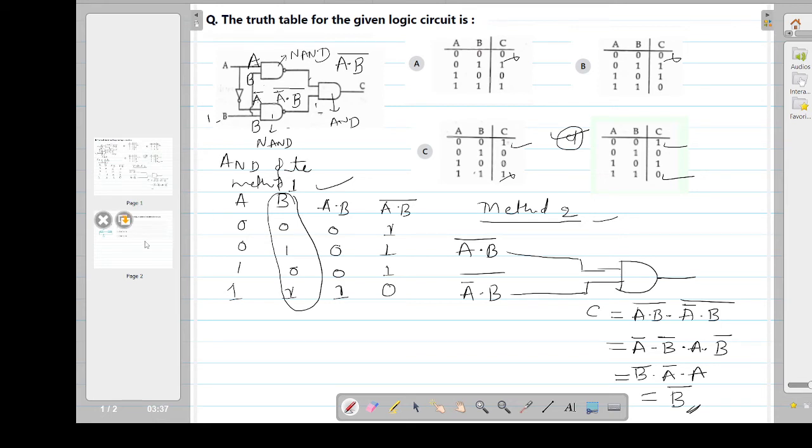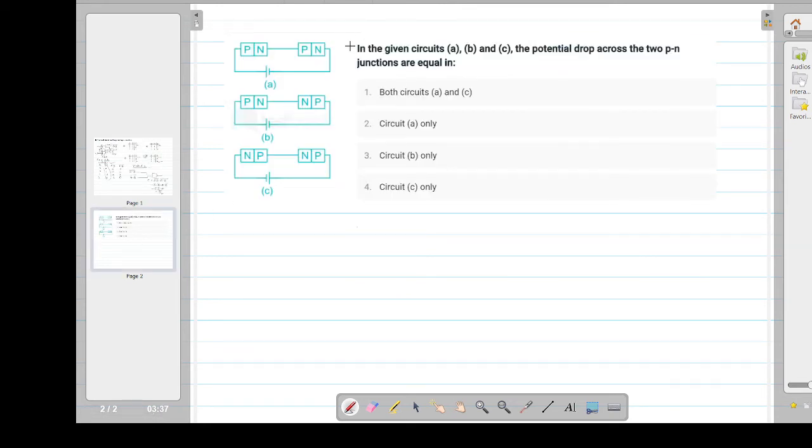Then the next problem: in the circuit A, B and C, the potential drop across the two PN junctions is equal in which case? They have given three circuits. In circuit A there is PN and PN, in circuit B there is PN and NP, and in circuit C there is NP and NP as well.